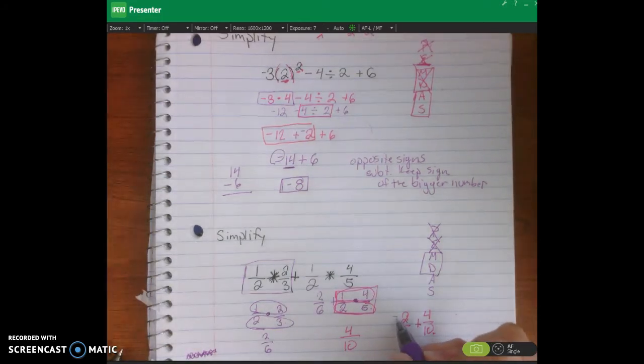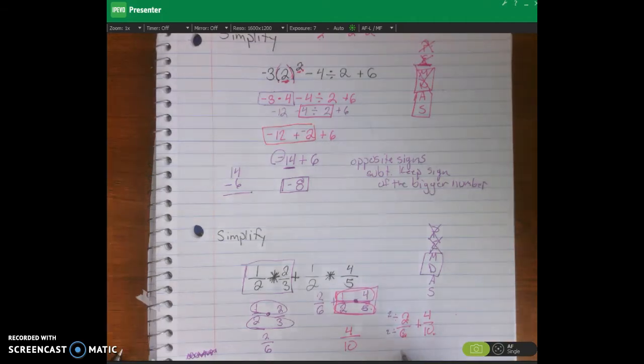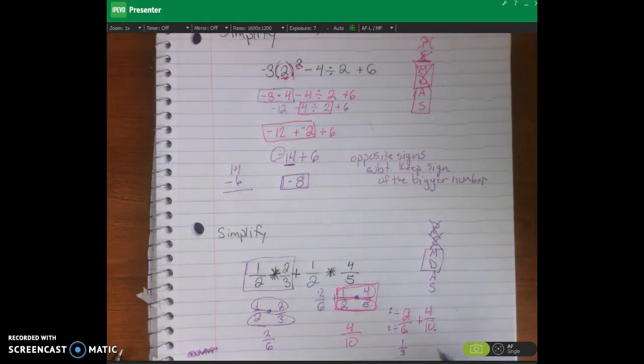So if I divide the numerator by 2, I got to do it to the denominator, and I get 1/3. So if we look over here at 4/10, they have 2 in common as well. So if I divide them both by 2, I get 2 goes into 4 2 times, 2 goes into 10 5 times. So we have 1/3 plus 2/5.